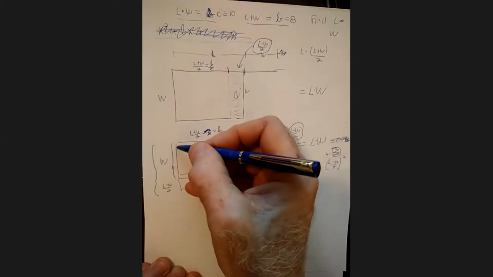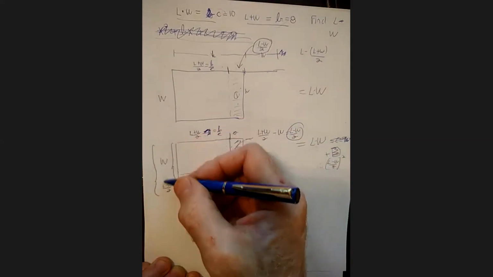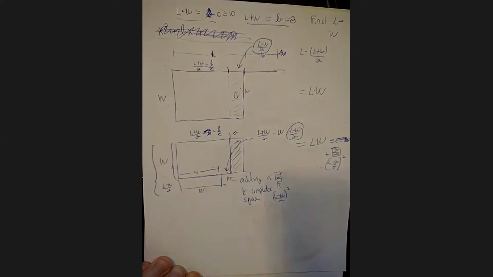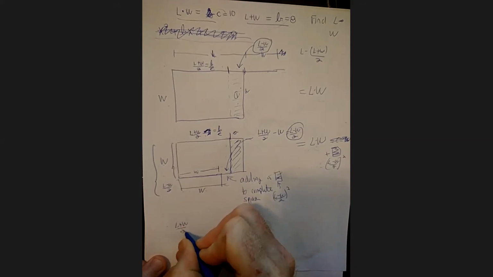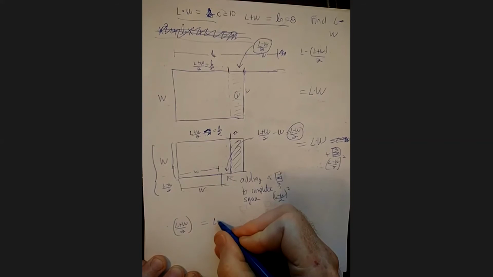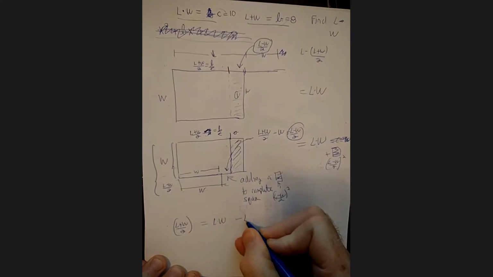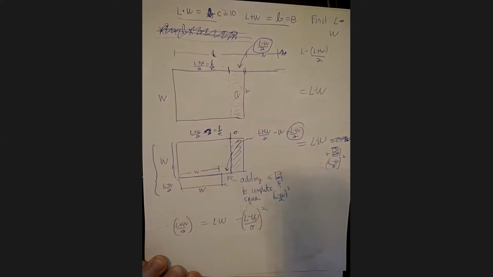Yeah, from here to here and here to here. What's this side and what's this side? They should be the same. They both be over 2 technically? Yeah, so we have L plus W over 2 squared is equal to length times width minus length minus width over 2 quantity squared.